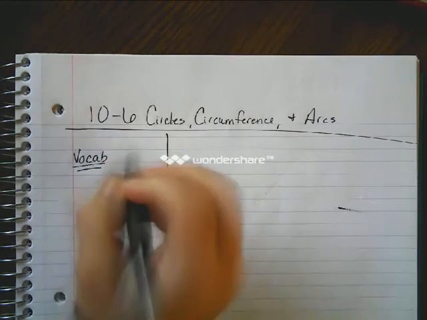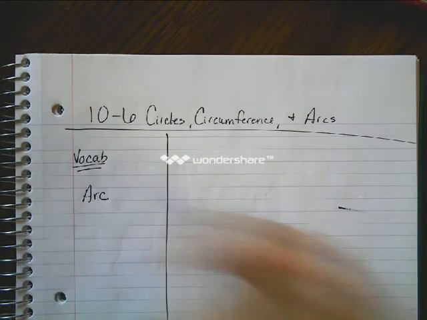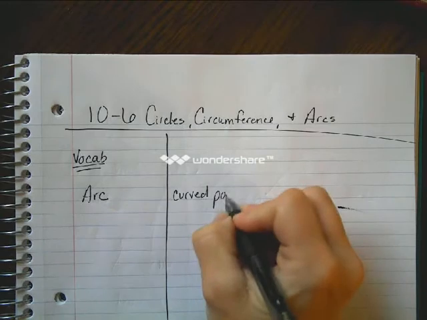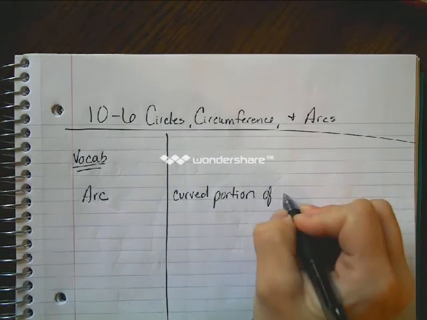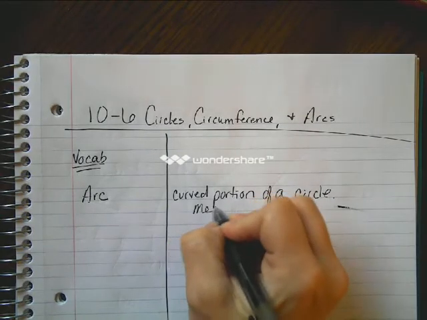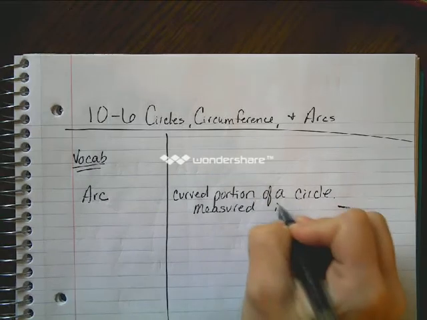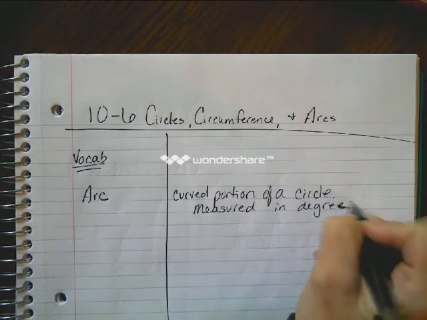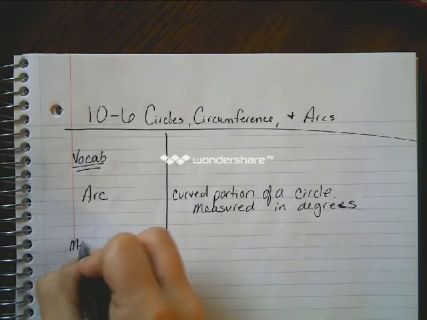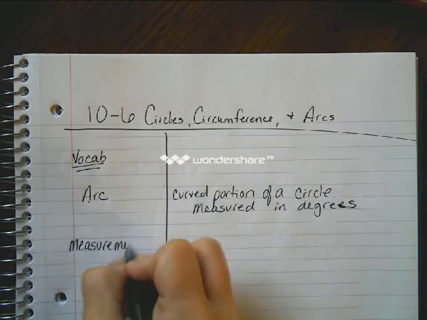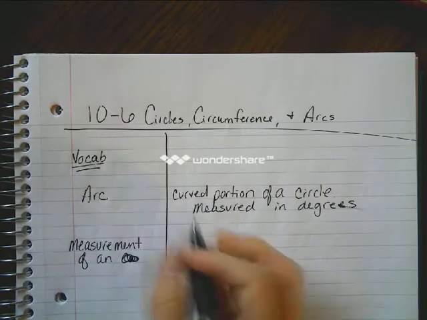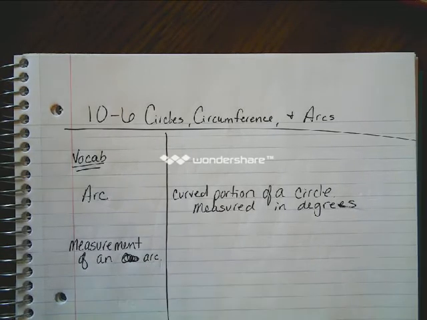Alright, so vocab, again, stuff you already know, but that's okay. Arc: curved portion of a circle measured in degrees. When we talk about the measurement of an arc, here's where some of the terminology is going to be really important.